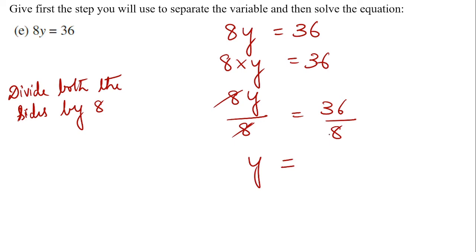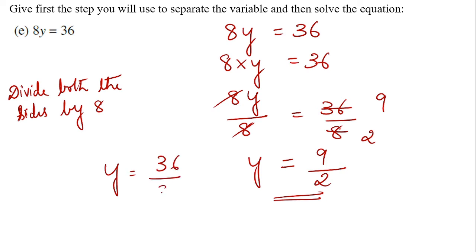Y is equal to 36 divided by 8. We can simplify this. 4 2s are 8. 4 9s are 36. So y is equal to 9 by 2. You can keep it as it is. So either it is y is equal to 36 by 8, or you can simplify it and write y is equal to 9 by 2.